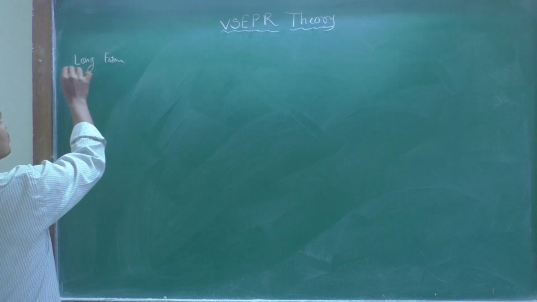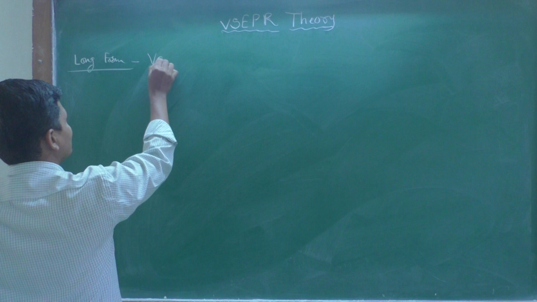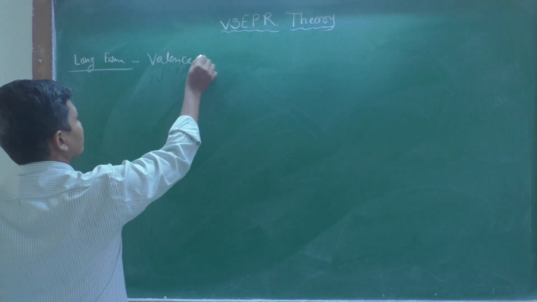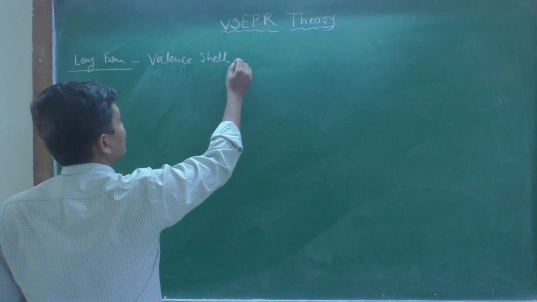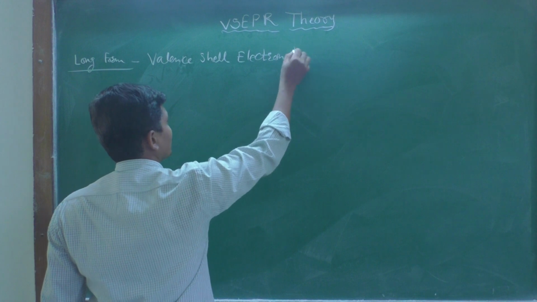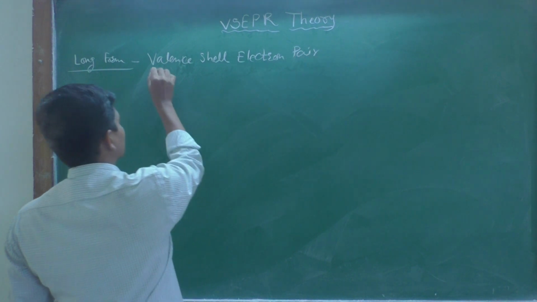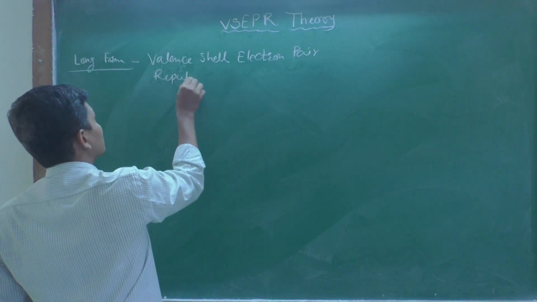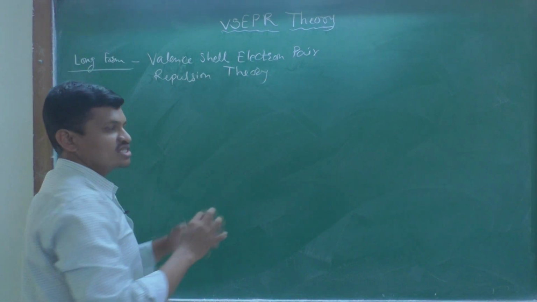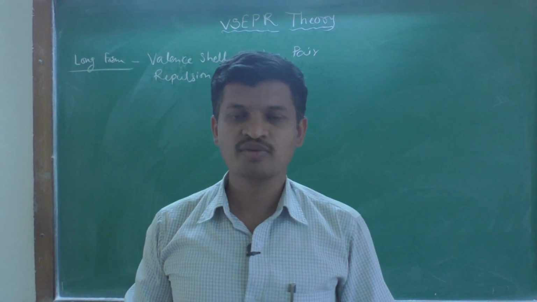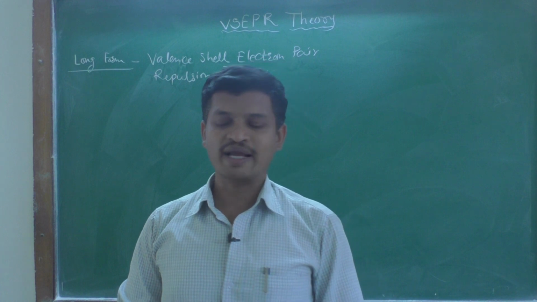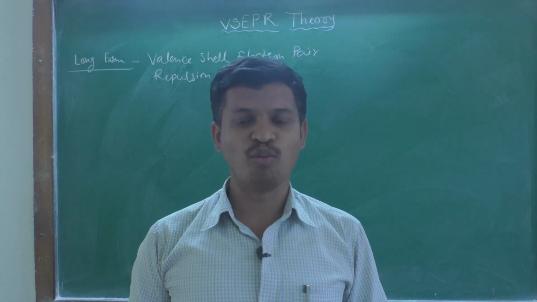The long form of VSEPR theory is Valence Shell Electron Pair Repulsion theory. This theory was proposed by the scientists Gillespie and Nyholm.